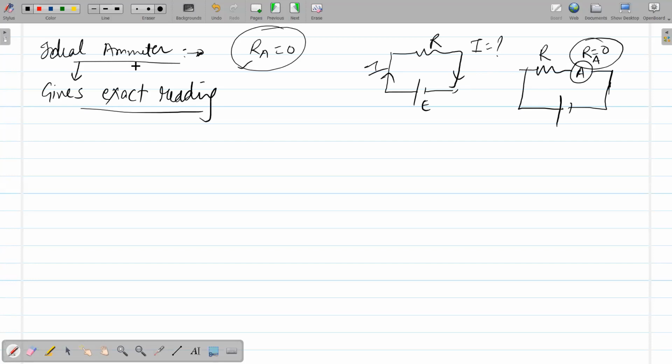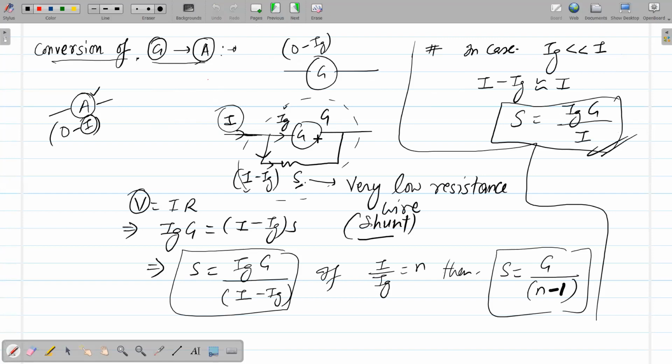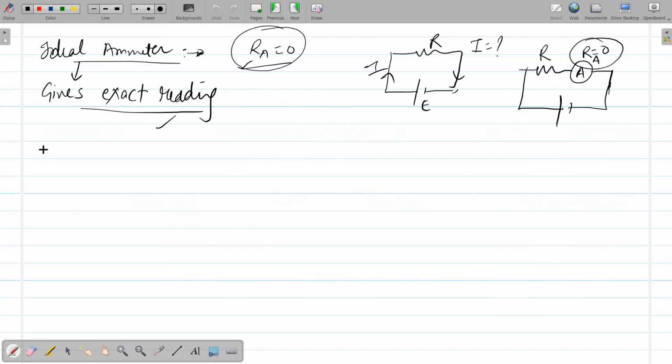So that's why I'm saying that if you want to measure the exact current with no error, you will have to consider an ideal ammeter. That means its resistance must be 0. Clear? But in practice, any ammeter is made up of a galvanometer like this, so you have some resistance given by GS by G plus S. So for a real ammeter, we don't have resistance 0.